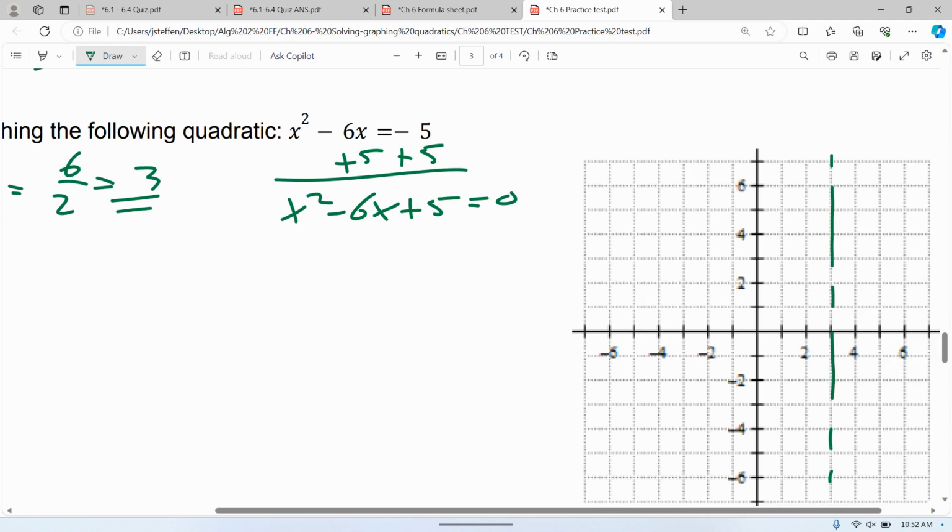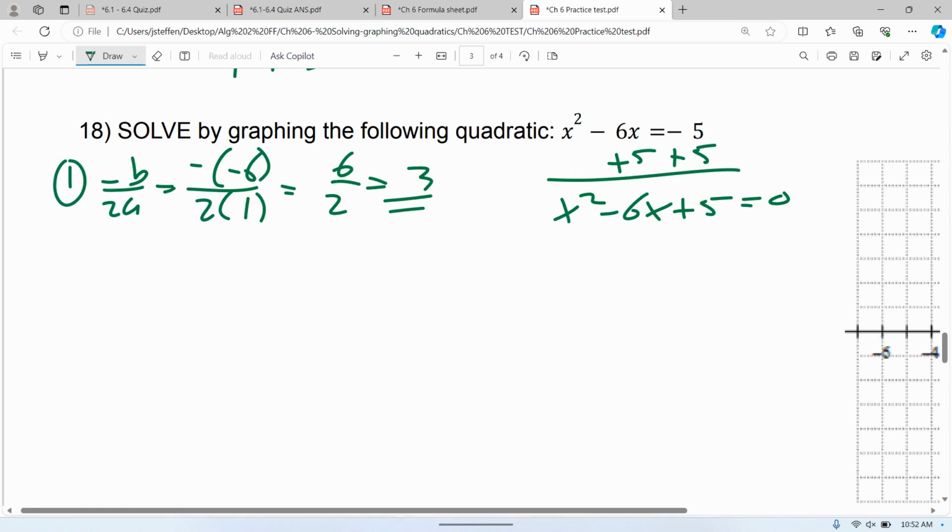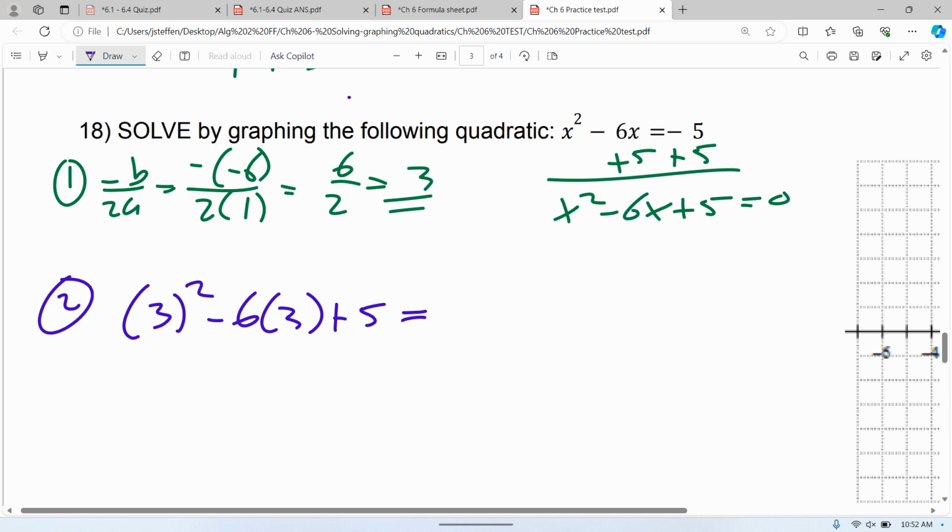And then my second step is to plug it in, so it is 3 squared minus 6 times 3 plus 5. So if you do that, that is negative 4, so my vertex is at 3, negative 4.